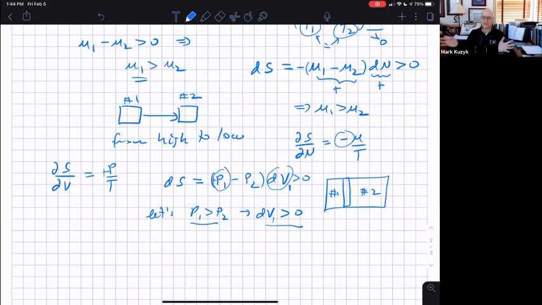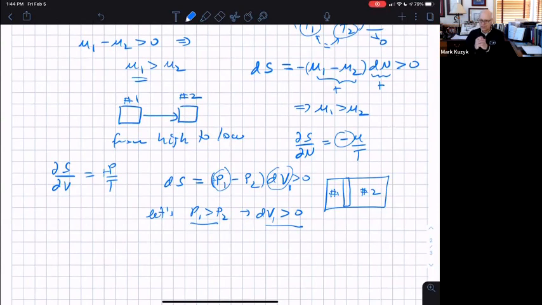So now we fully understand our thermodynamics of ideal gases. The piston will move away from high pressure to low pressure. The particles will move from high chemical potential to low chemical potential. Heat goes from high temperature to low temperature. Okay? It worked. Good. All right, wonderful.